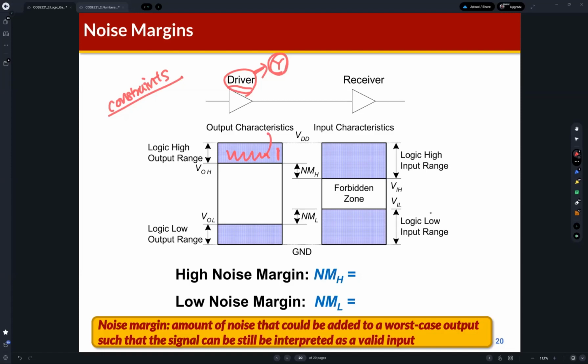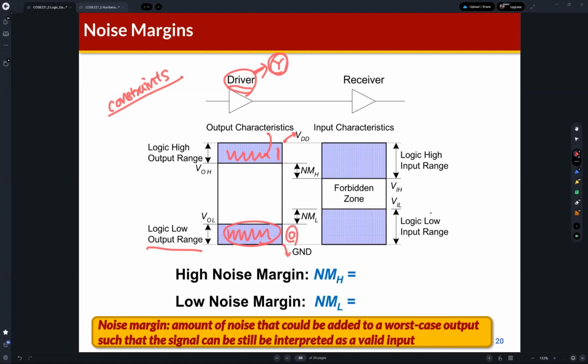And if the output value is 0, then the real analog signal should be in this range. As you can see, this is the VDD, and this is the ground. This range is defined as the low output range, so the output value is 0.